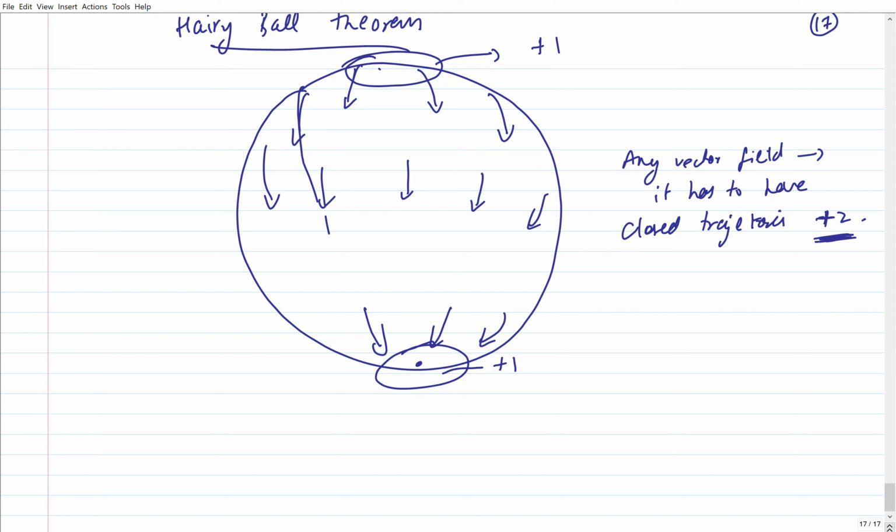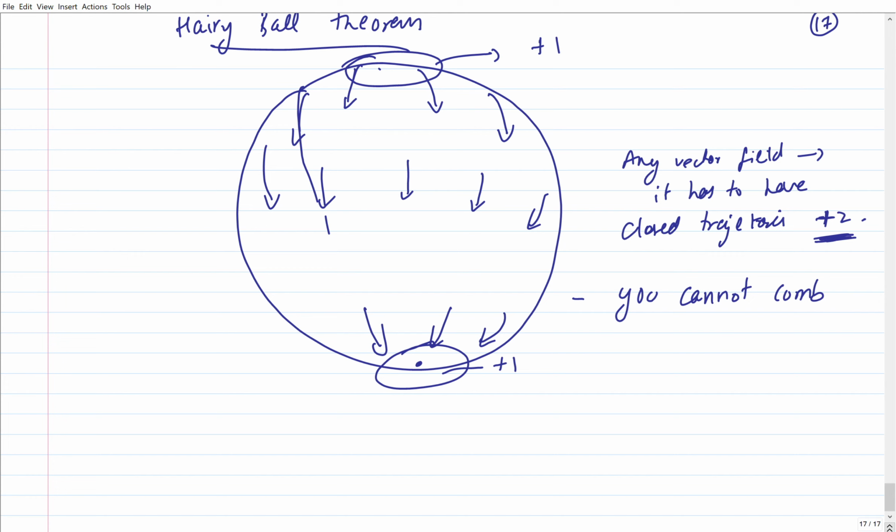So if there is a source there, this is also called the hairy ball theorem. Why is it called that? You cannot comb. Imagine this was a ball with hair, the direction of hair representing the vector field.